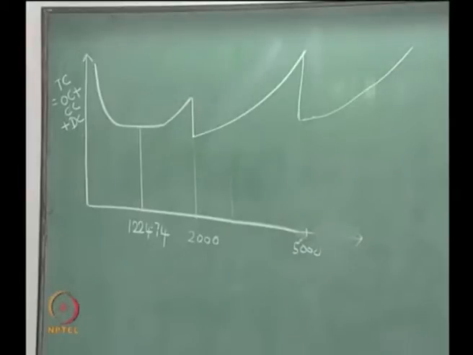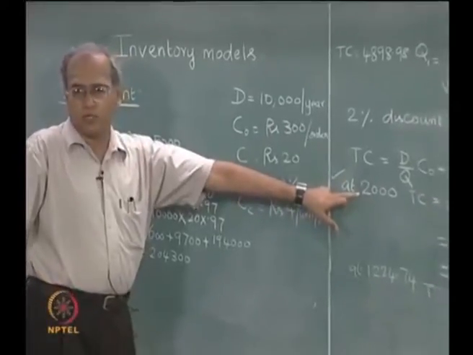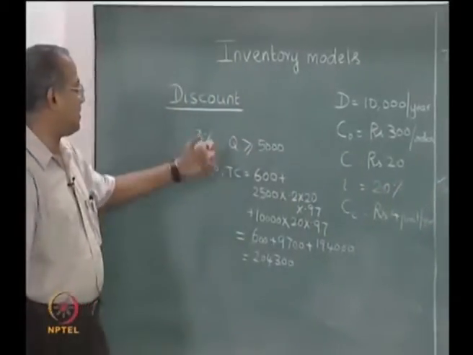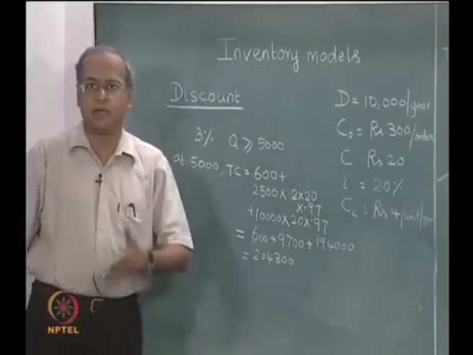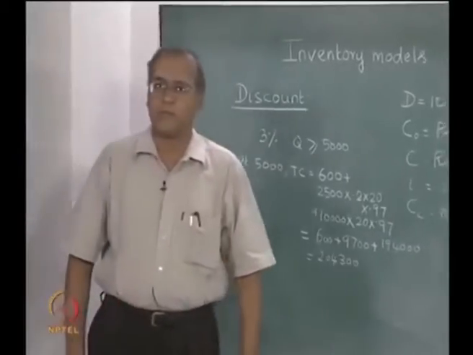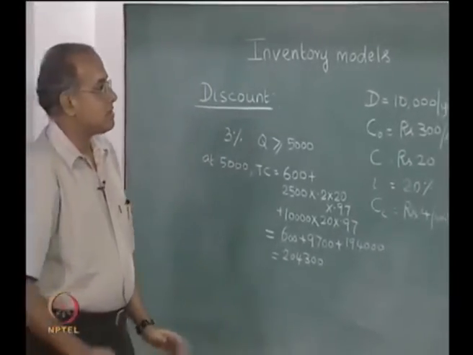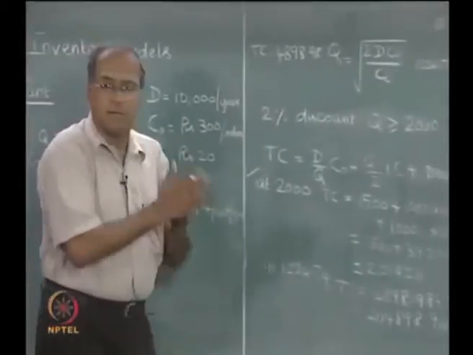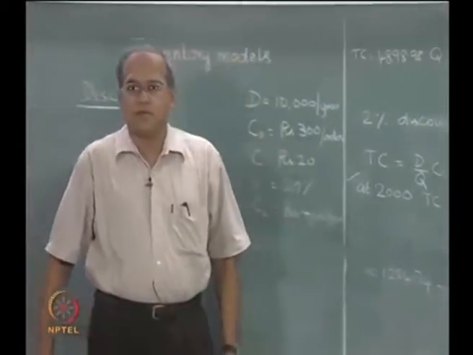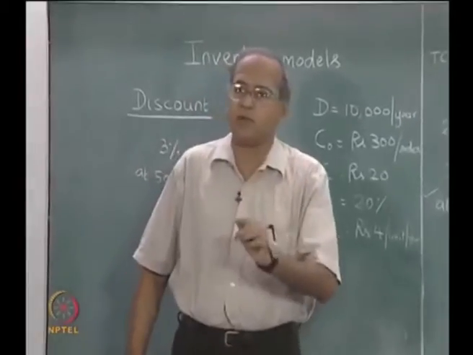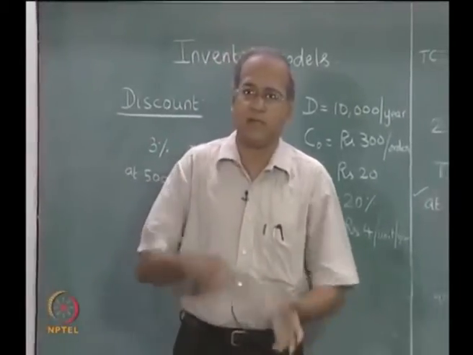We would accept a 2% discount at 2000 and we will not accept a 3% discount at 5000. So, wherever there is a price break, it is necessary to compare the total cost at the price break, not at any other point.